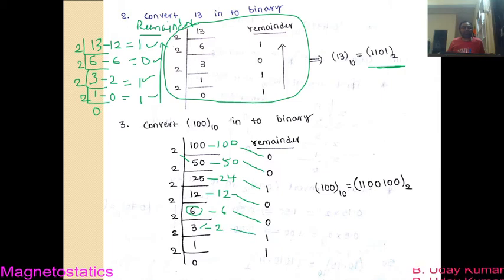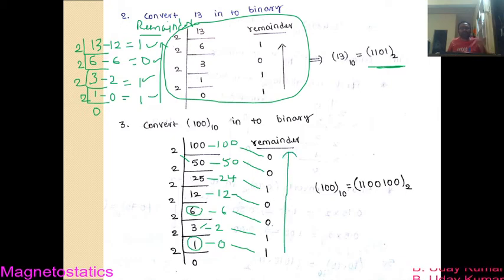Is that clear? So since you got 1 here, you can stop here itself, otherwise you can again divide it with 2. So if you divide it with 2, since it is less than 2, 2 zeros are 0, and that means I can write here a 0. So 1 minus 0 becomes 1. So this is the binary number that you get, and remember this remainder has to be taken in reverse order.